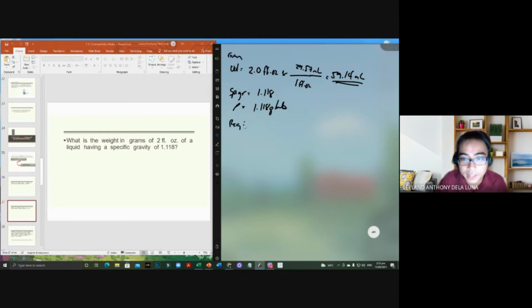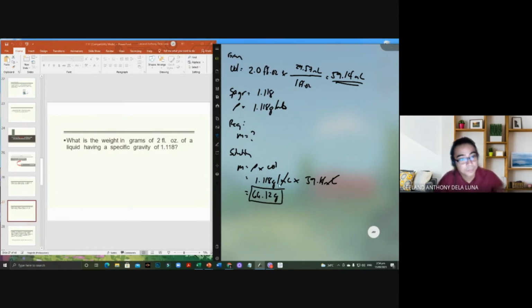So ang required natin is weight or mass equals unknown. So solution natin, mass equals density times volume. 1.118 grams per ml times 59.14 ml. So cancel, cancel. Times 1.118. You get 66.12 grams.